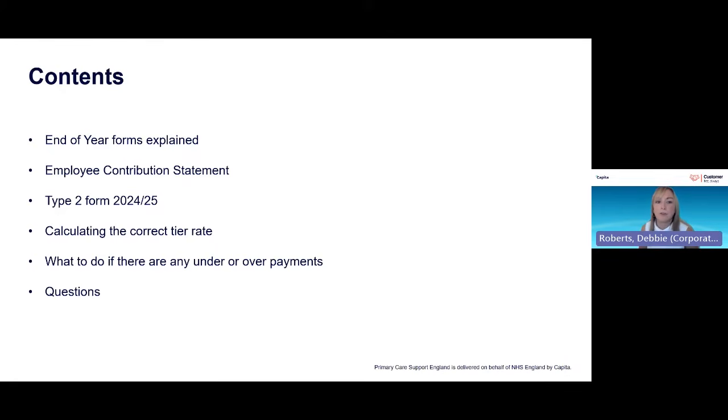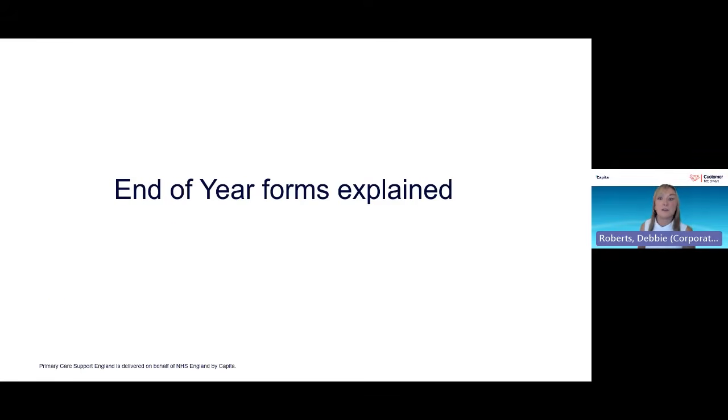We'll then be going through looking at how you can calculate the correct tier rate, and then what to do if there are any under or over payments. It shows questions at the end there, but like I say, we will be pausing throughout the session to answer your questions live. Okay, so I'm just going to start off with the end of year forms and just explaining what they are and who needs to complete them.